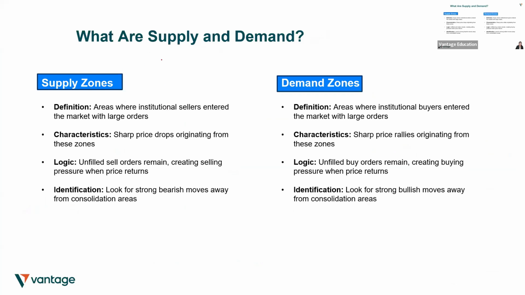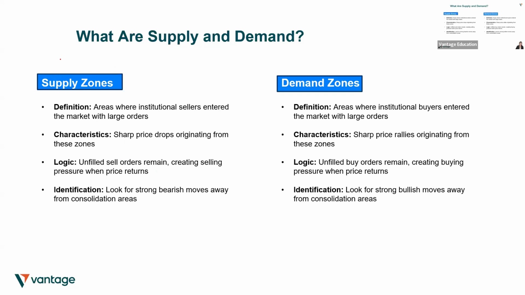So basically, the supply zone is the area where institutional sellers enter the market with a large order. Okay, so how are you going to spot it? You look for the sharp price drop from this zone. The logic: the unfilled sell orders remain, creating selling pressure when price returns.